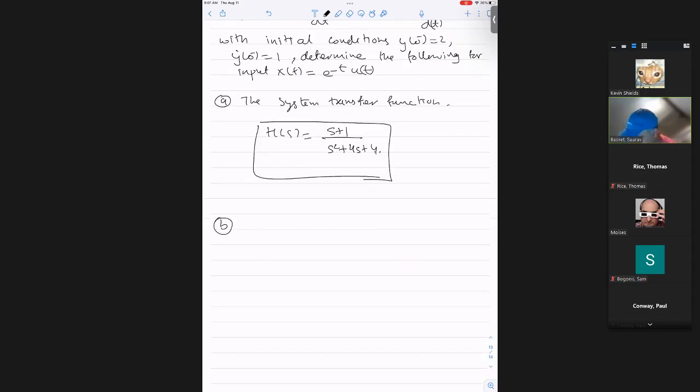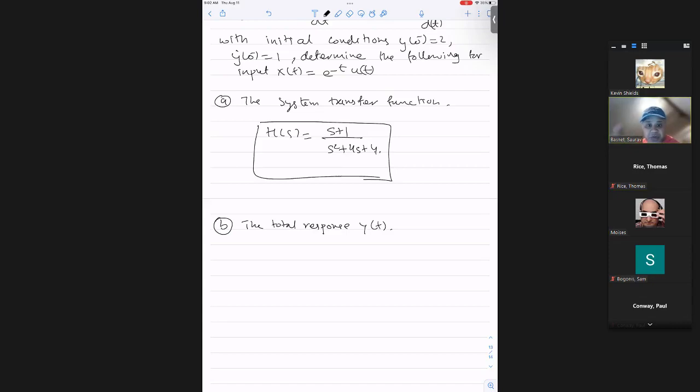So when it says find the total response y(t), which is easier to directly find the total response, time domain or S domain? S domain is easier, right?